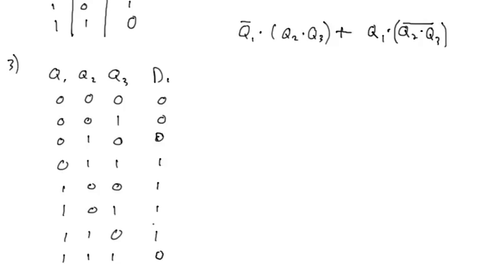And if I don't have either of those two cases met, then, by the way, this term is 0 anytime Q1 is a 1. So it's 0 for all these, and the only way I can possibly get a 1 is if this piece is 1, and I've got that. So let's look at some more columns here. I think what I want to do is first to simplify this expression.